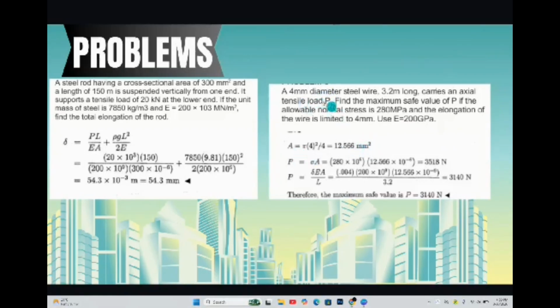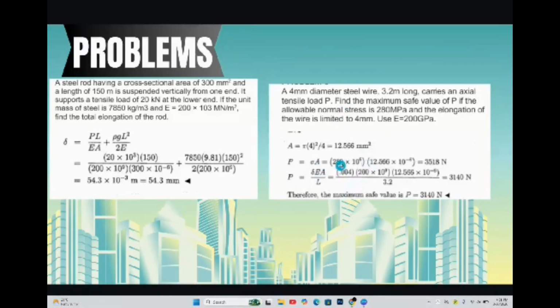So let's analyze the problem. Since the problem is given by diameter, for the area we can use pi times 4 squared over 4, since this is 4 millimeter. So we get 12.566 millimeter squared, and the formula for force is stress times area.